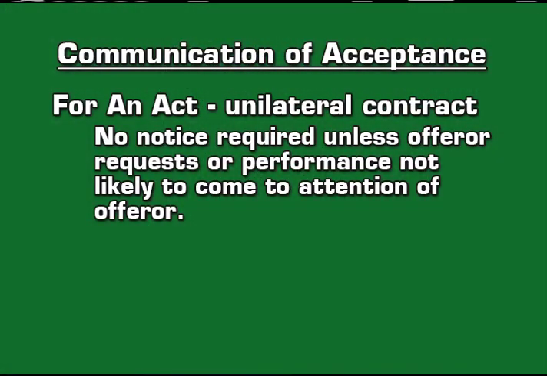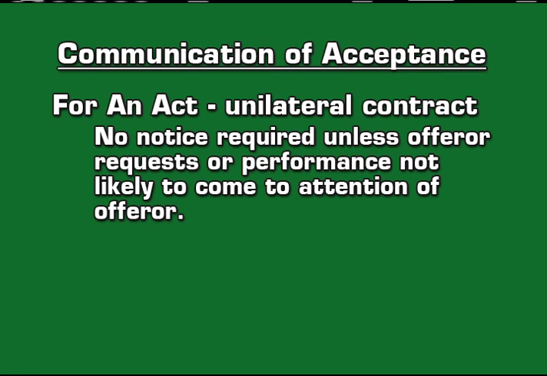Okay, last element of acceptance. We said it must be communicated. Let me explain to you what that means. The general rule is, if it is a unilateral contract, and to refresh your memory, a unilateral contract means a promise for an act, no notice of acceptance is required except if it is unlikely that the offeror would know that the offeree is accepting.